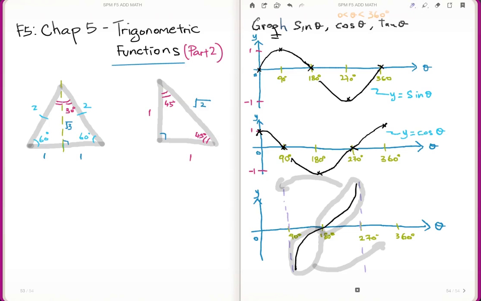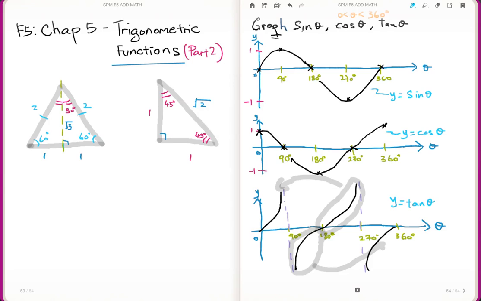So you will get a curve traced to there. I think it's a mirror traced to there. Then it will look like this here, and then here. So that's the graph for y equals tangent theta.